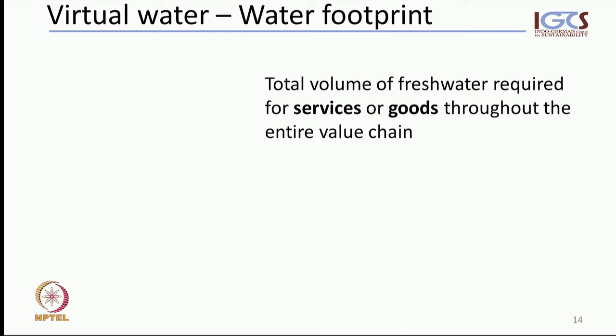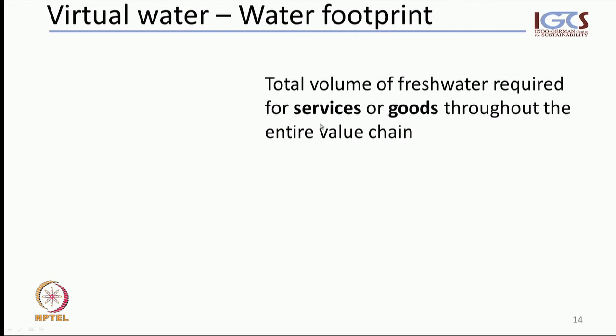This means from production to processing, harvesting, manufacturing, transportation, consumption, and waste dispersal or reuse. This entire chain, we are using water openly or less obvious.